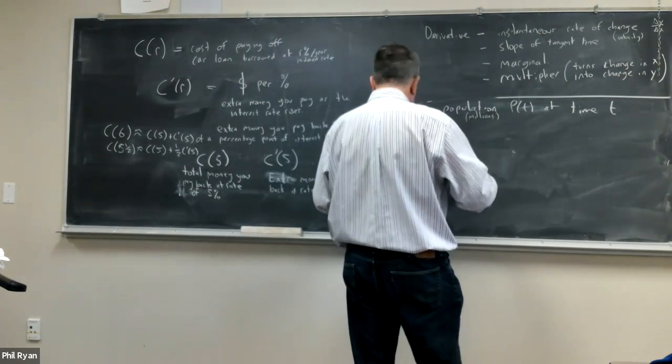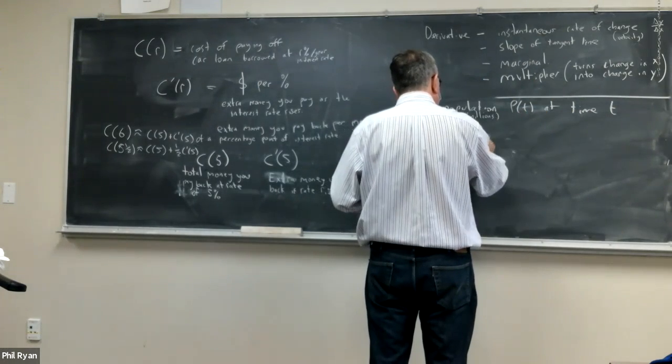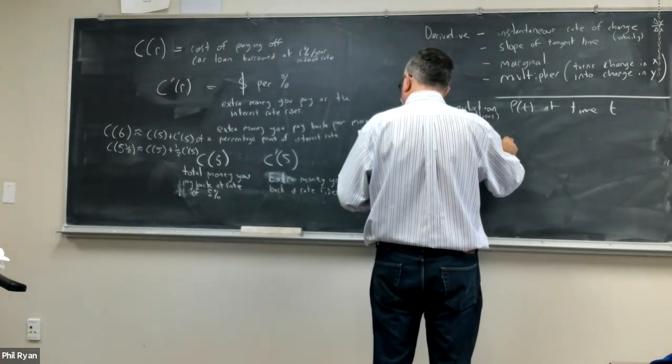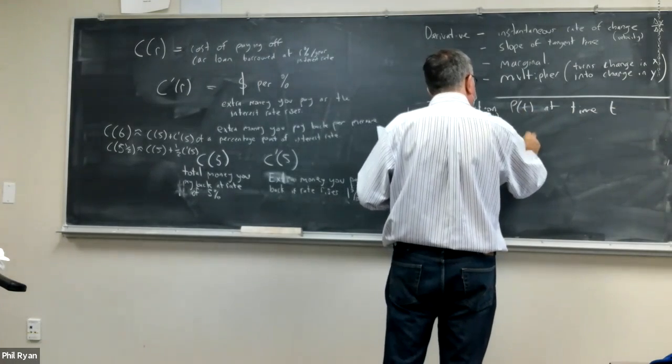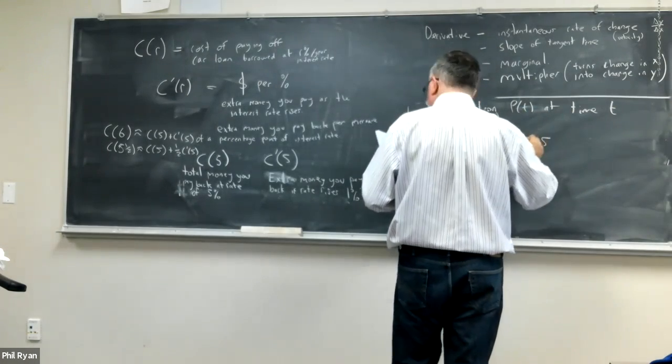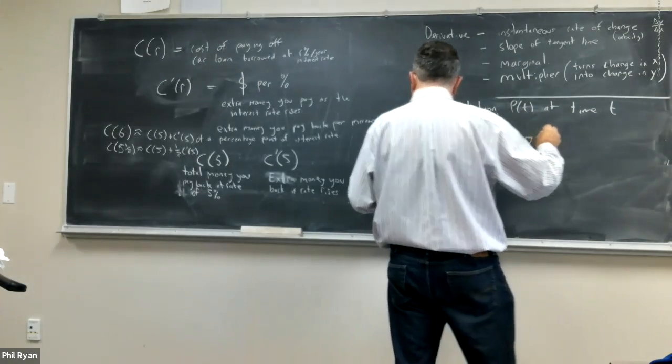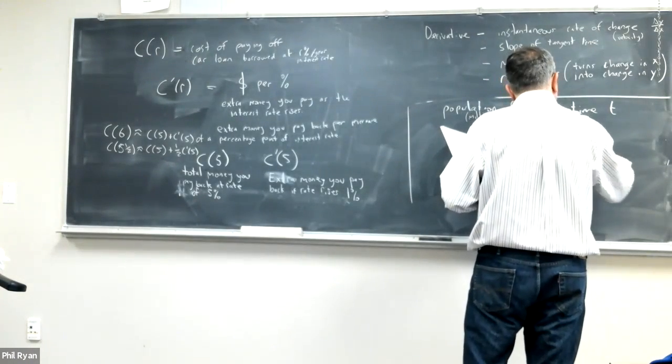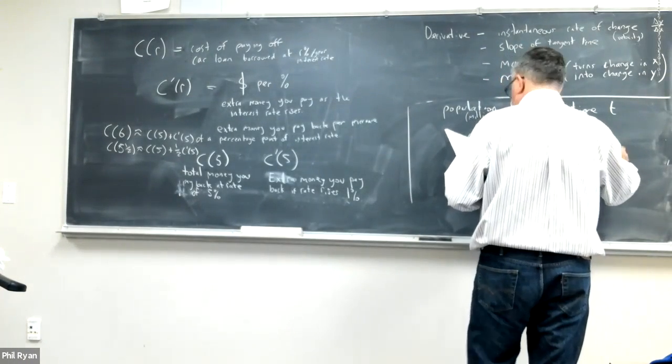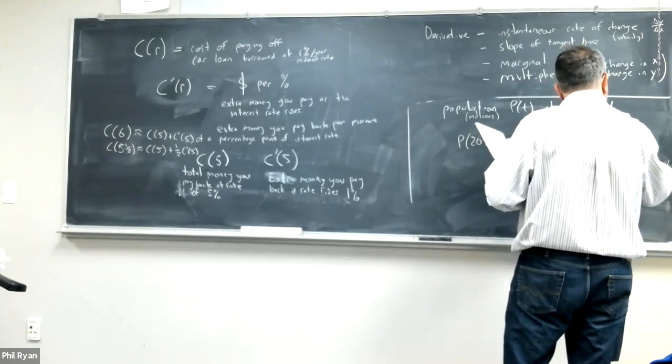Let's say P of 2011 is 37.65, and P prime of 2011 is 0.4.